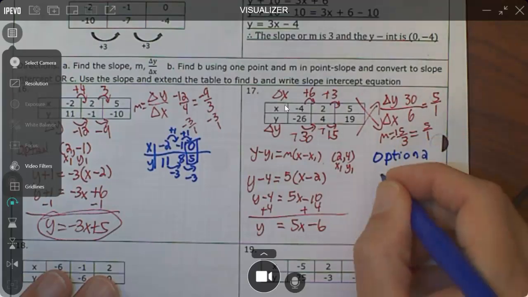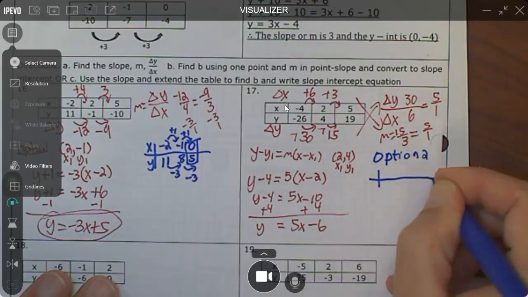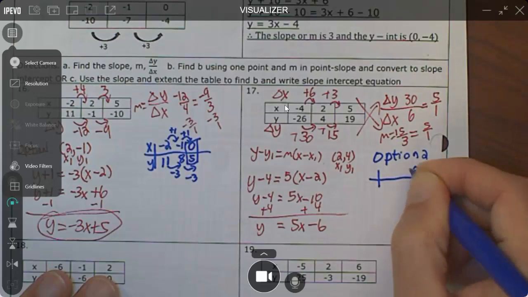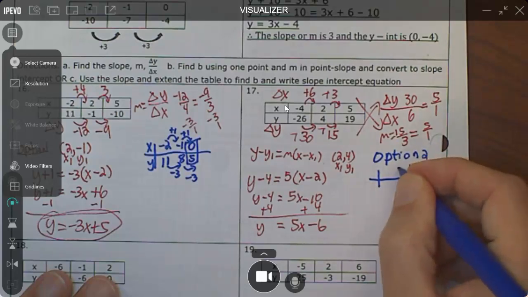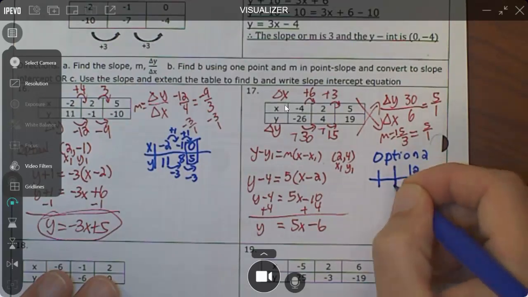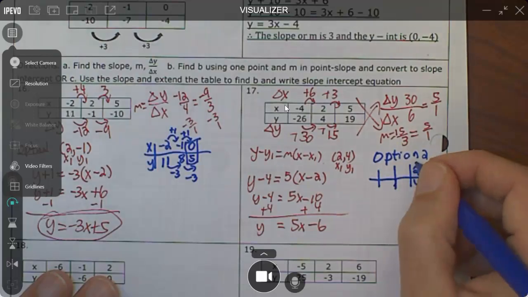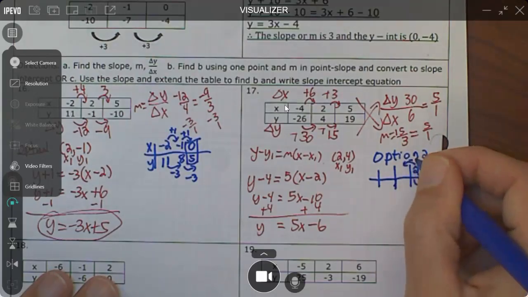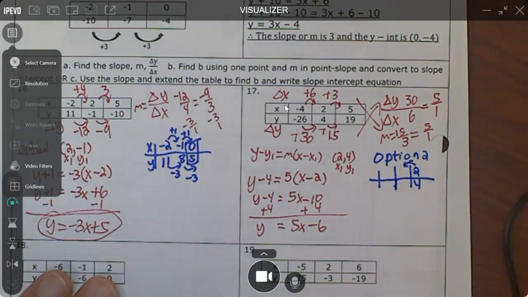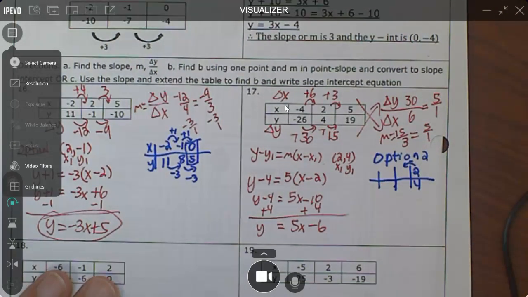Option 2. Okay, I have 2, 4. Okay, so it'd be minus 5 this way. Did I do something wrong?